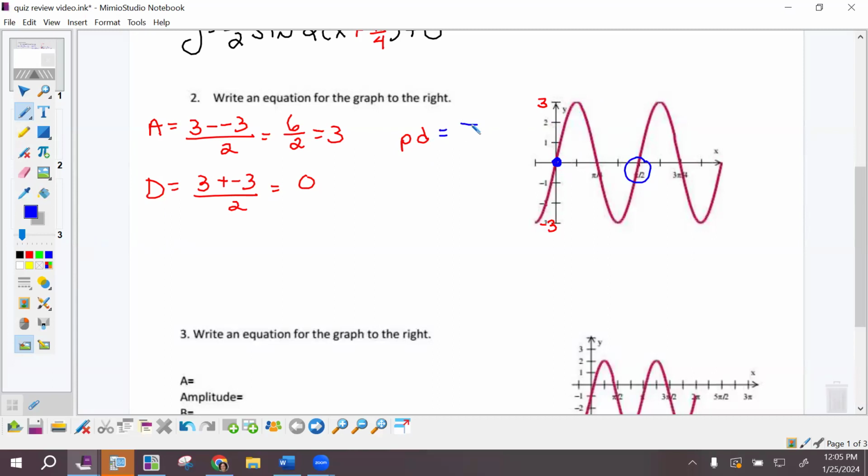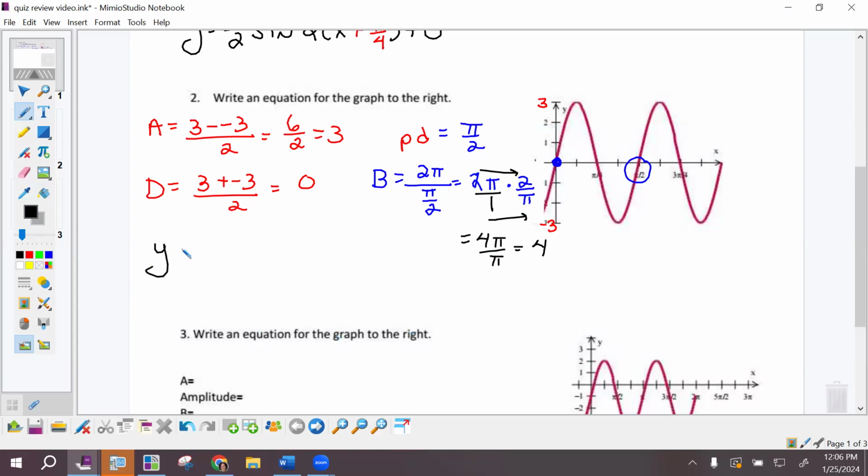That looks like pi over 2. So the b value is 2 pi divided by pi over 2. And when you divide by a fraction, that's the same thing as multiplying by the reciprocal of the denominator. So this gives me 4 pi over pi, which equals 4.